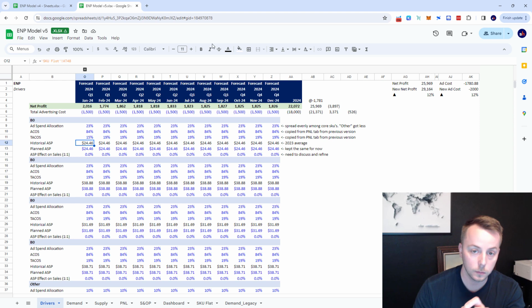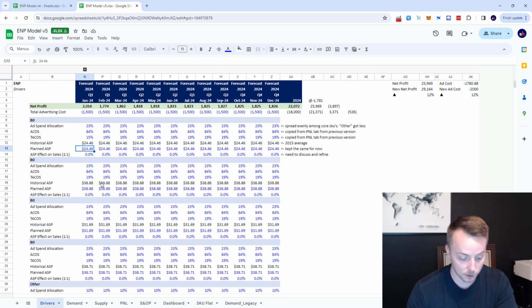What this updated version allows you to do, though, is change the price of the SKU to see what kind of impact that might have on your net profit. And this is still a work in progress, so it's not perfect, and it might not work right now because I'm still trying to figure out all the math and get it all connected.